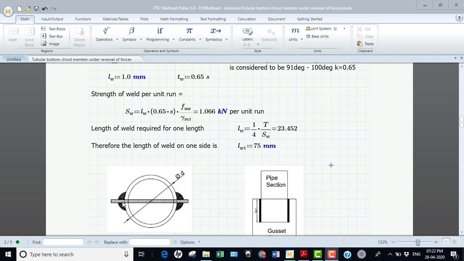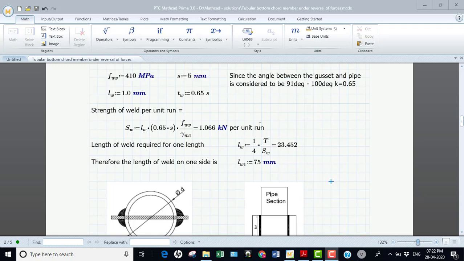Here this is a gusset plate and this is a pipe, so the angle need not be 90 degrees, it is more than 90 degrees. Therefore, in this particular problem, I consider the angle between the two legs to be 91 degrees to 100 degrees. Therefore, the K parameter for the calculation of effective throat thickness is 0.65. So the throat thickness will be 0.65 times S.